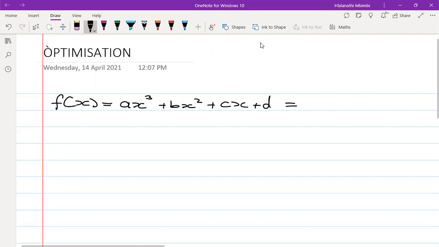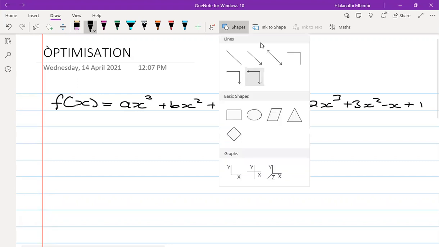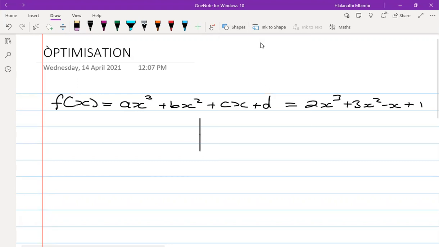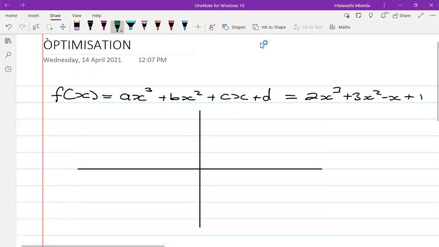Of course, these functions could have been given as something like 2x cubed plus 3x squared minus x plus 1. The function could have been something like what I'm drawing right now, right? And we'll do all sorts of things.